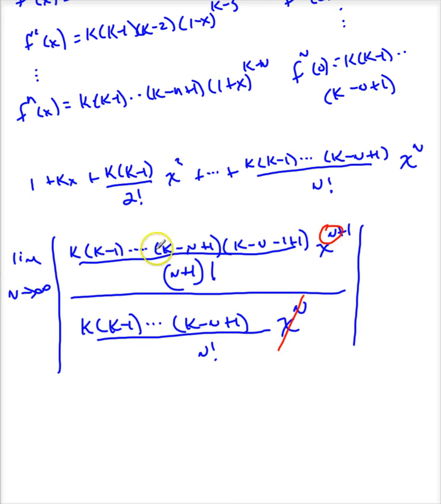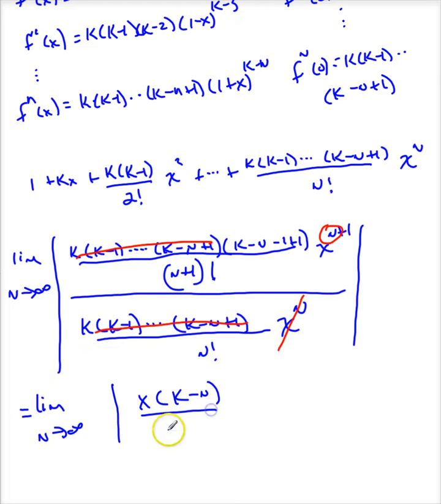Now, I'm going to do this a little early because this is just a pain. Okay, that term's going to go away. All of these terms are going to go away. All right, so this is the limit as n approaches infinity of the absolute value of x times k minus n divided by n plus 1 factorial, and this is going to be times n factorial, because I'm going to flip my denominator there.